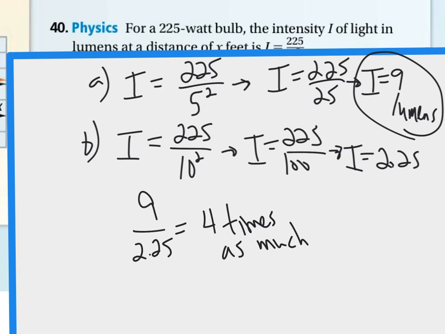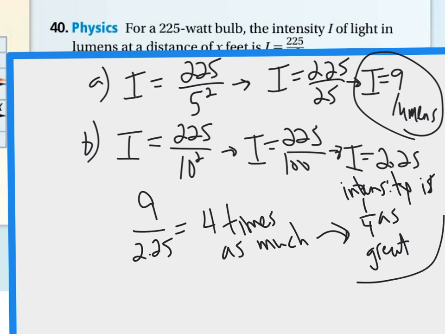If we're increasing our distance, then we could say if we double our distance, the intensity is 1/4 as great. Intensity is 1/4 as great if we are twice as far away. So this gives you an idea of what we're looking at in chapter 11.